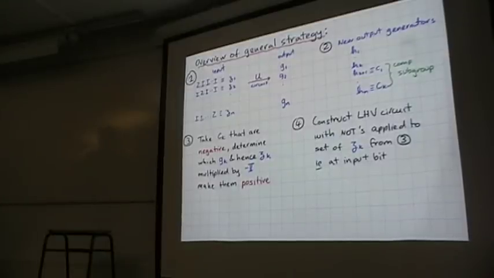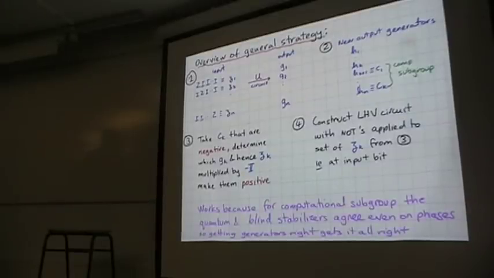And then I can just write down the local hidden variables. The point I should make is that it works because for the computational subgroup, the quantum and the blind stabilizers agree, even on the phases. So getting the generators right gets everything right, because they're all constructed out of Z's.